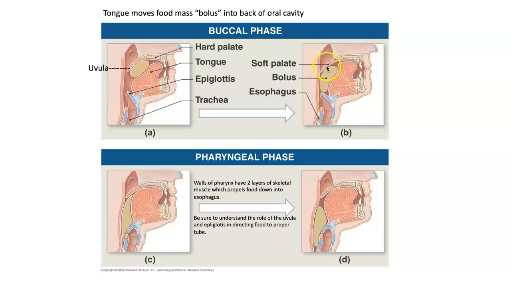This uvula is closing off the nasal cavity, and the epiglottis will come down and direct that bolus of food down into the esophagus. Now, the actual act of swallowing up here is skeletal muscle. You are controlling that swallowing.